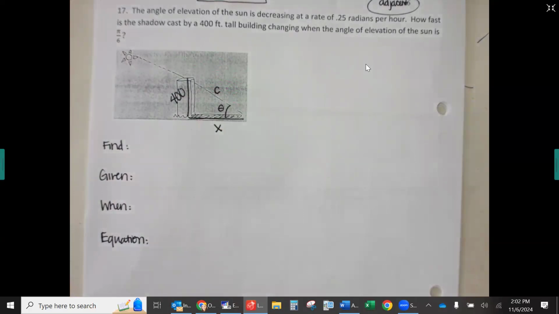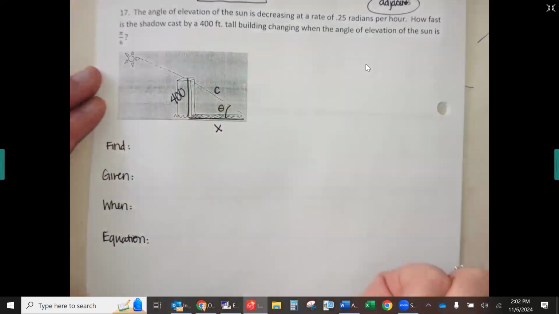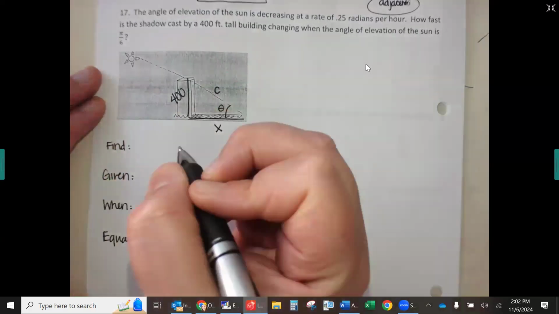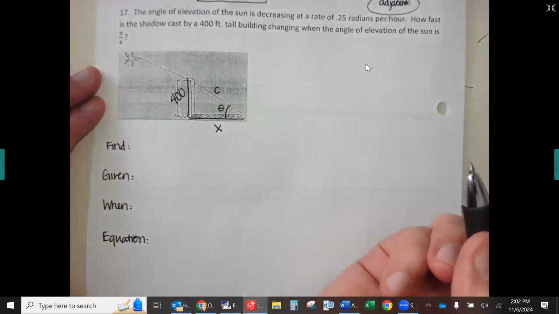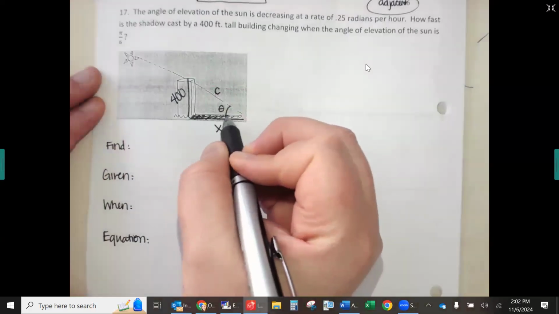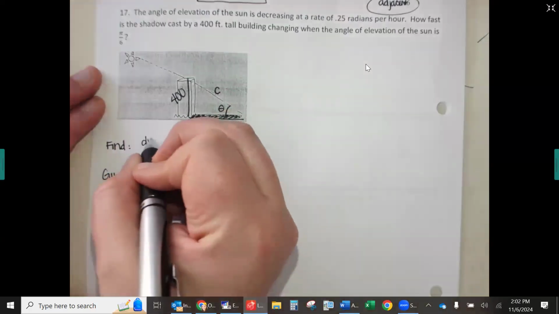So the question says, how fast is the shadow of the building changing? What would we call that given how we've labeled our picture? Which one's the shadow? X is the shadow. So I would find dx dt.